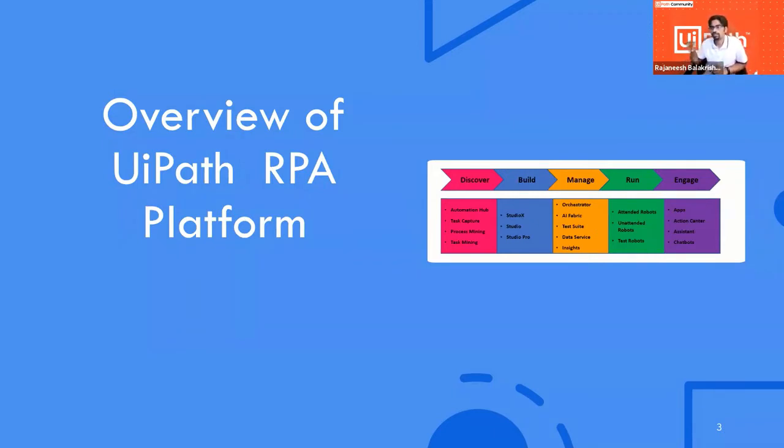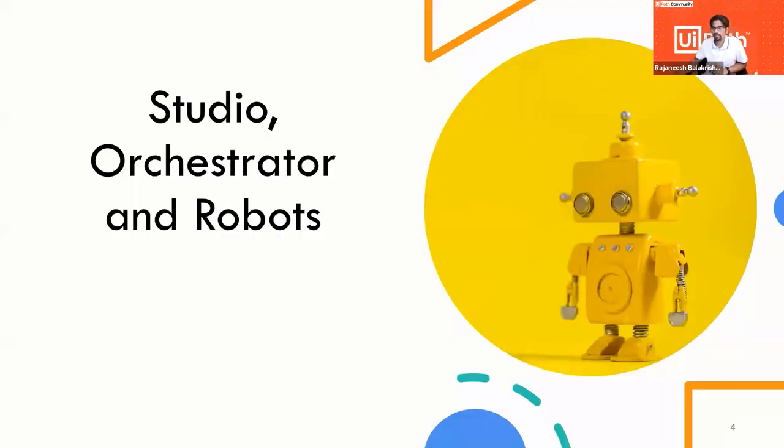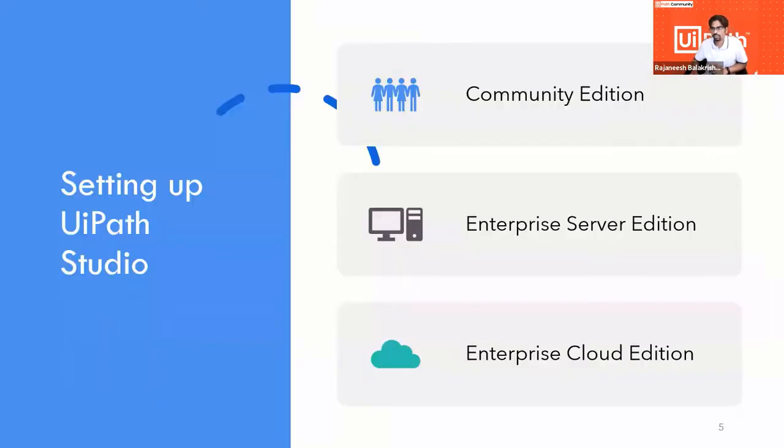So this is the life cycle. The only thing is we are going to focus on the studio, orchestrator, and the robots. So we'll be handling these kinds of technology. I have already covered this section, so we'll just skip that topic, mainly because we have a separate section on the orchestrator.